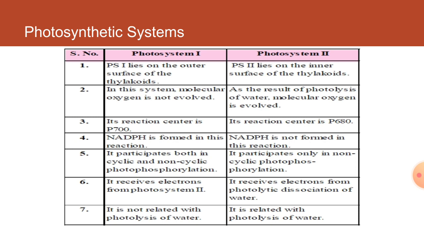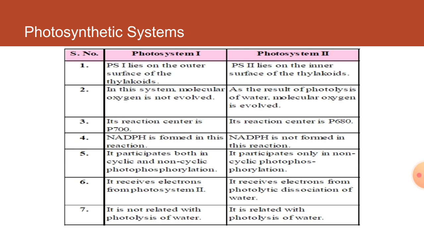This can be classified into two types: cyclic photophosphorylation and non-cyclic photophosphorylation. Photosystem 1 gets involved in both types, whereas photosystem 2 is involved only in the non-cyclic type.